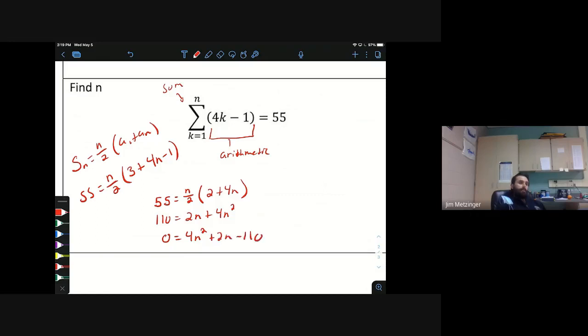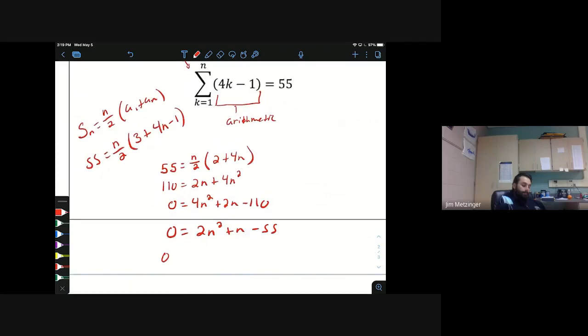Multiply by 2, distribute the n, get everything on the same side. We'll divide everything by 2, try to factor this monstrosity. 55, add up to be 1.